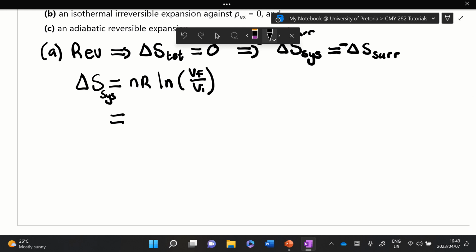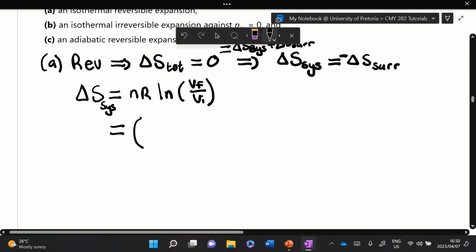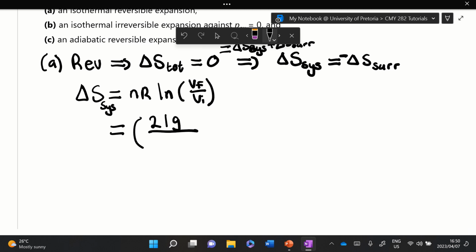So here we have the entropy to calculate. To calculate this, we just need the number of moles, which we are not given. The number of moles is 21 grams over the molar mass of argon, 39.95 grams per mole.